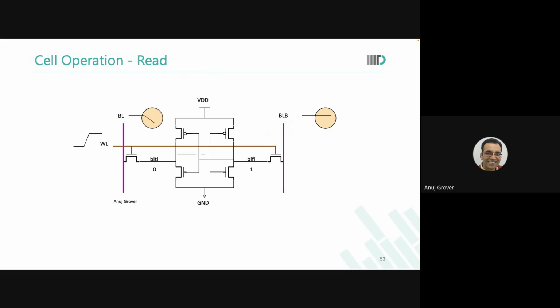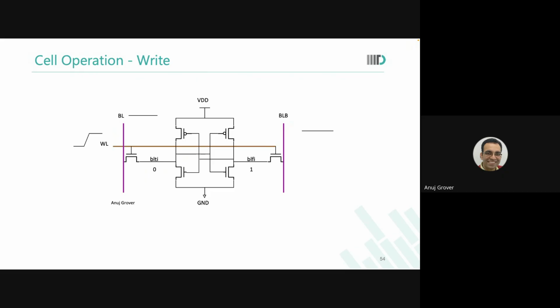For the write operation, what do we do? Even before the word line selection, one bit line will remain 1, the other one will go to 0. Here I have kept the bit line at 1 and the bit line bar at 0. You can do it the other way around, depending on what you want to write. I did it like this because of the data I had written, and I wanted to show you how it changes.